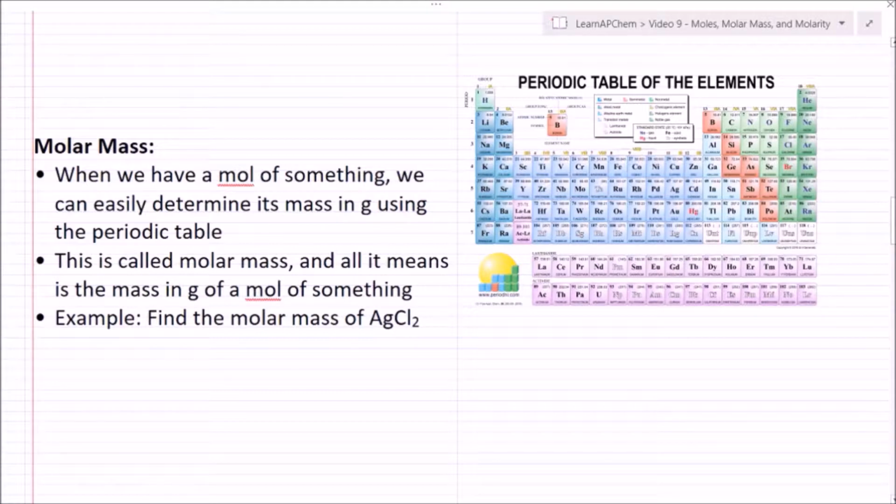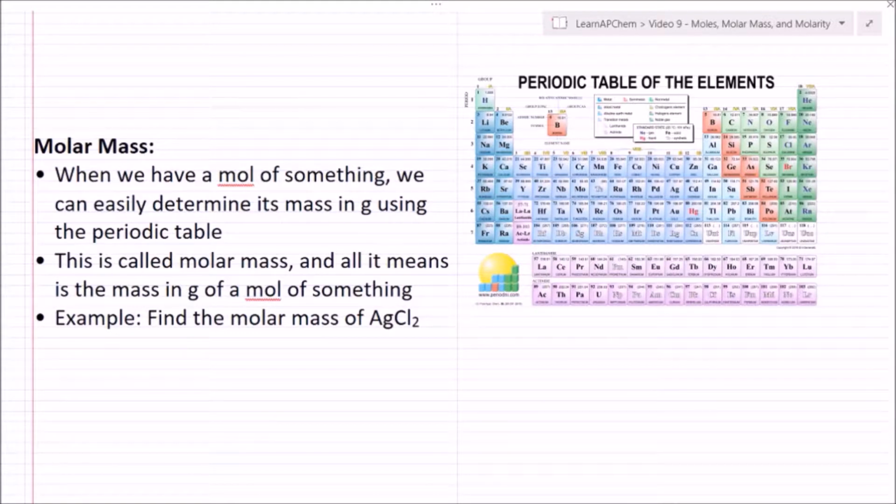Well, you might be thinking, so what, 6.022 times 10 to the 23rd, who cares? How is this useful? It's useful in the sense that we can use moles in a lot of different ways. The first way is molar mass. When we have a mole of something, particularly atoms or compounds, we can easily determine its mass in grams using the periodic table.